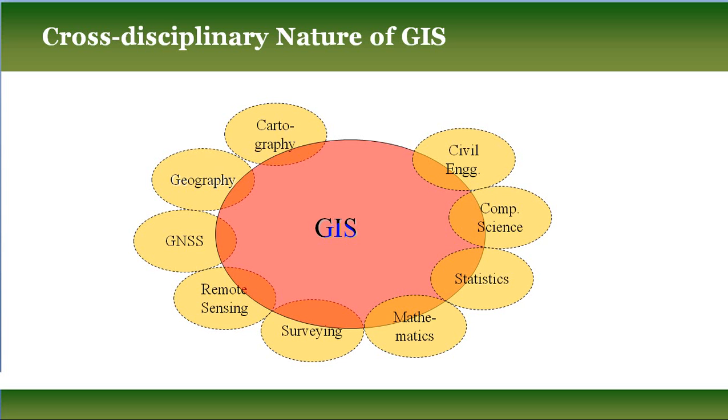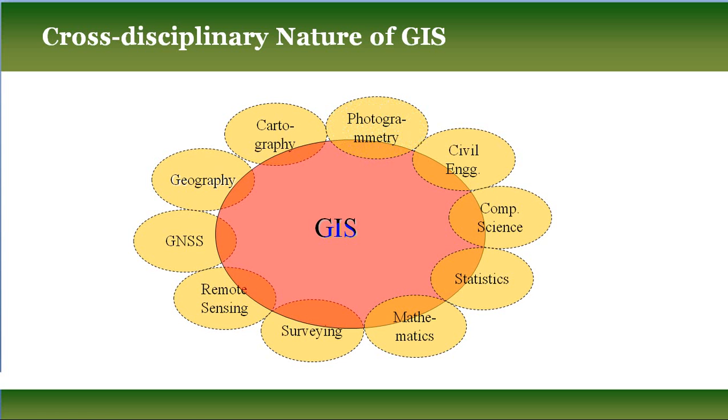So civil engineers also handle geographical data for their different purposes, different work. A lot of civil engineering hydrological analysis or many other types of work which civil engineers require are also incorporated in GIS. And the final one is photogrammetry.